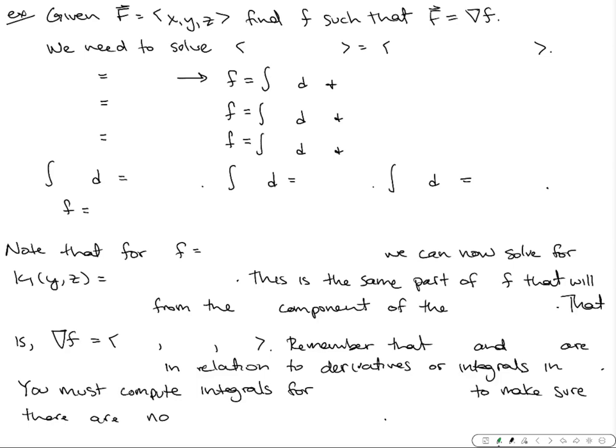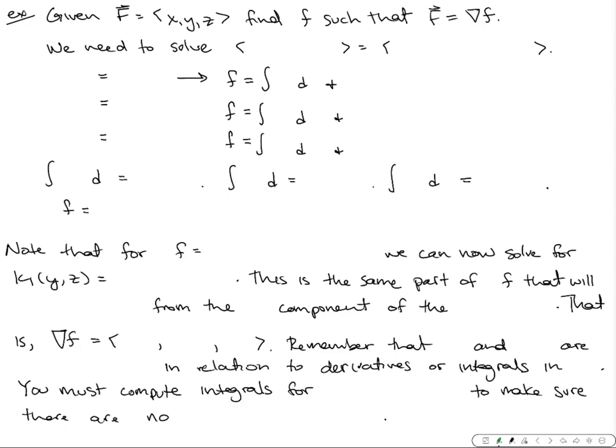Next up, we're just gonna do an example of trying to find one of those potential functions f. So if we're given some capital F equal to x, y, z, we want to find little f, a potential function, such that the vector field capital F is the gradient of that little function f.